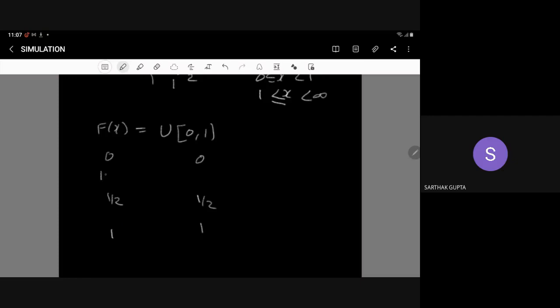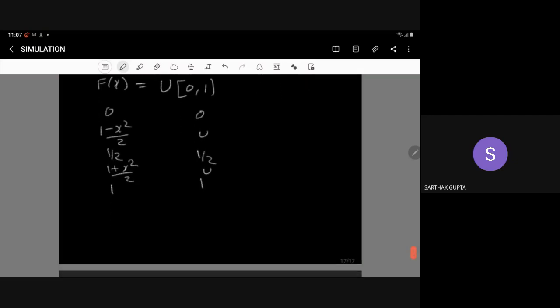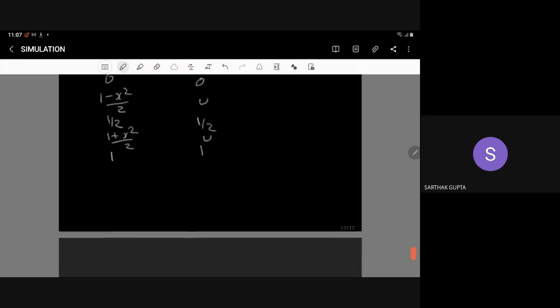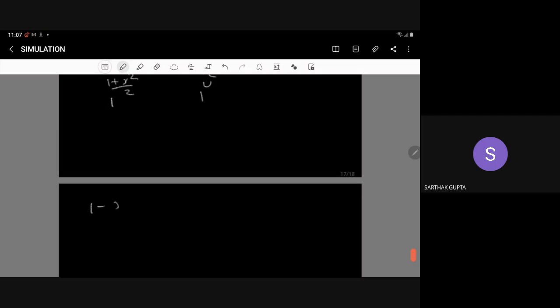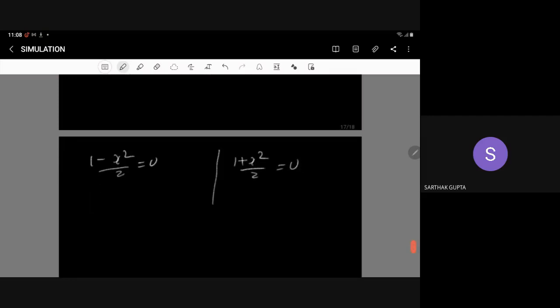Here we have the intermediate values 1 minus x square by 2 and 1 plus x square by 2. So we assume that the intermediate value is u. So when we do 1 minus x square by 2 is equal to u, and 1 plus x square by 2 is equal to u.